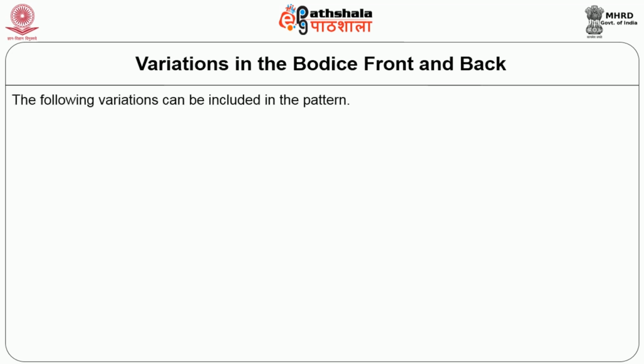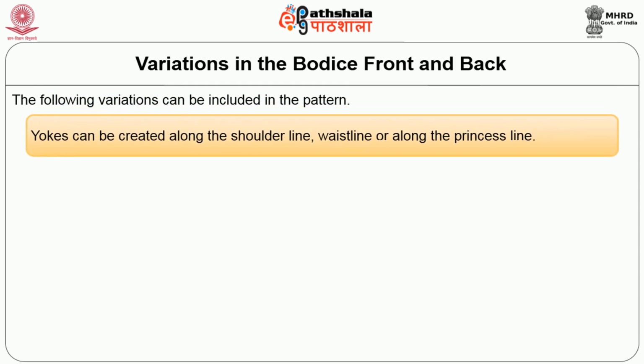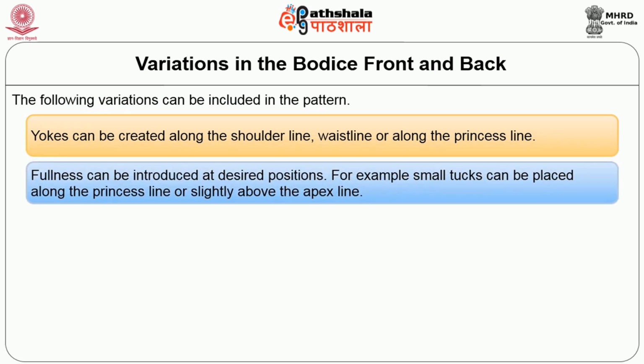Now that we know about the basic bodice front and back, skirt front and back, we'll also know a little more about creating variations in the bodice front and back patterns. Yokes can be created along the shoulder line, waistline or princess line. Fullness can be introduced at the desired positions.